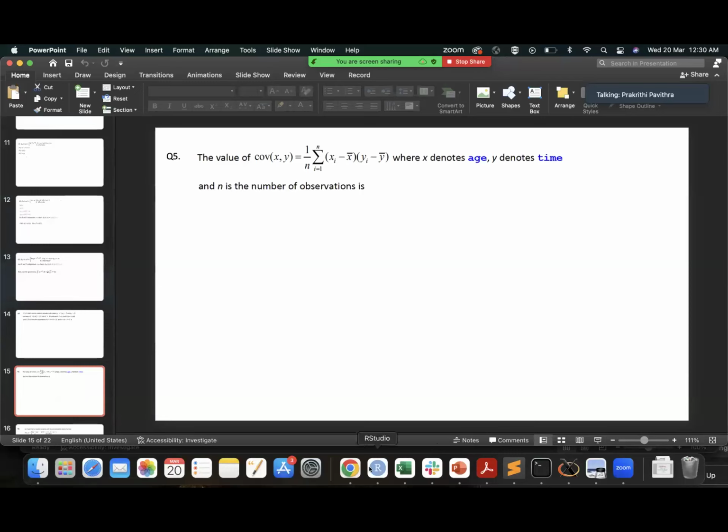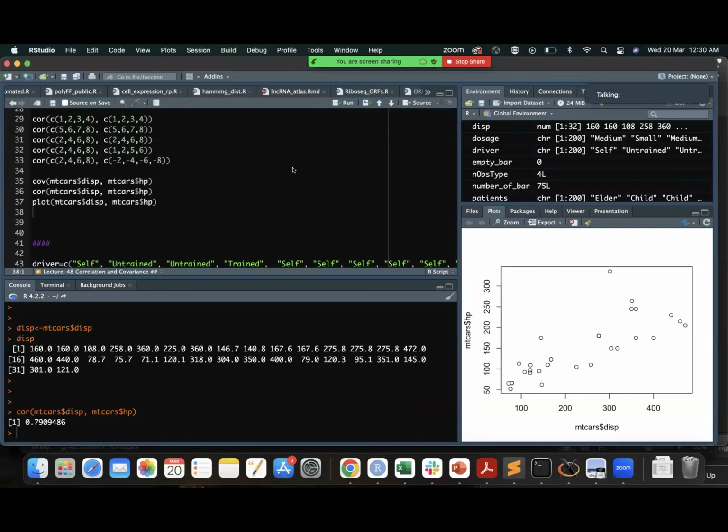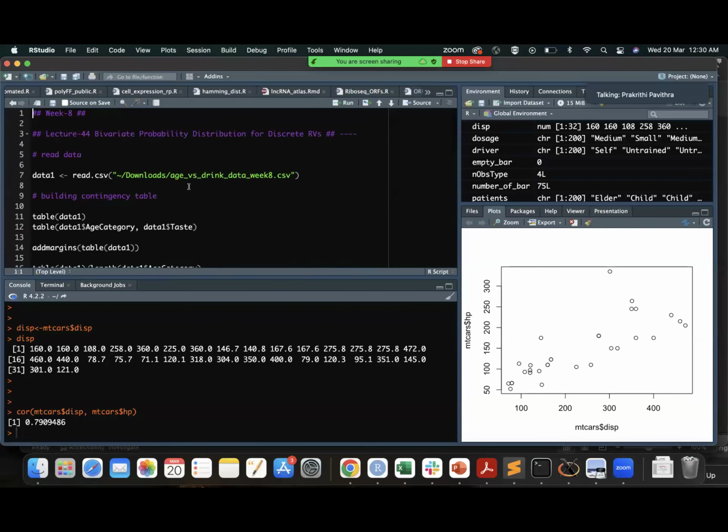Do I have that data? Yes, ma'am. Data is provided in the assignment. Okay, let me check. I'm just trying to show you something, but my computer is hanging.